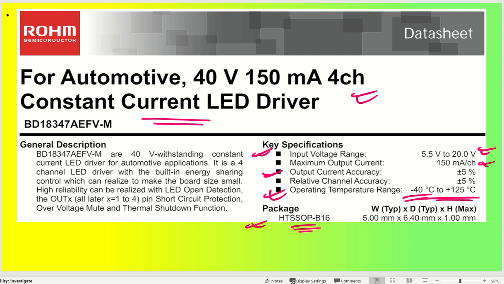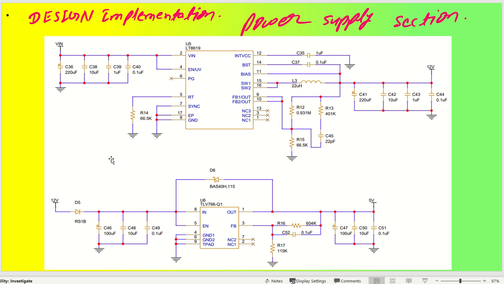Let me first tell you very clearly what the outcome of this session will be. We will design the circuit like this. We will have our power supply section, designed from, let's say, a 48 volt or 24 volt battery, as is common in automotive engineering.